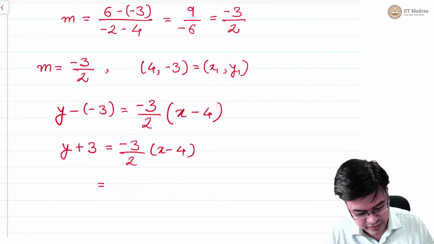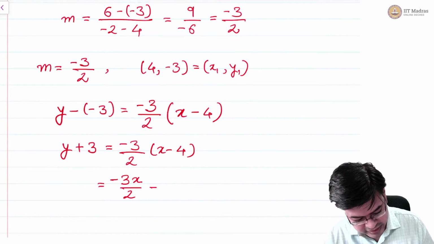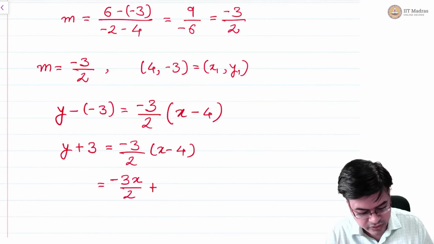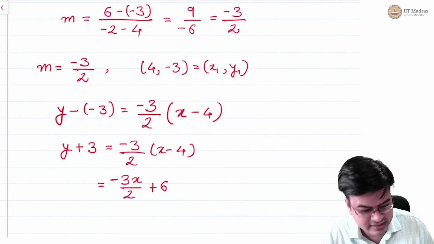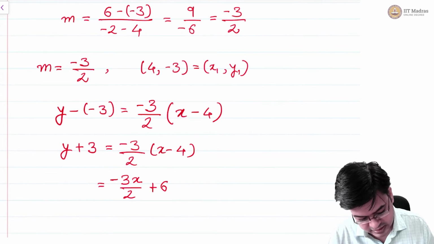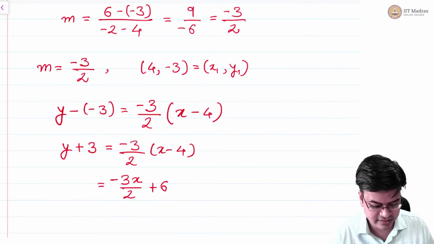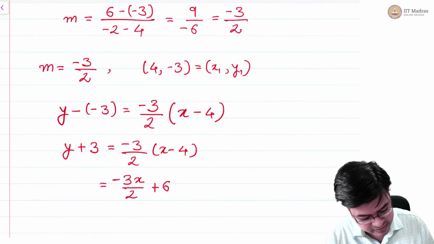You can further simplify this. First simplify the right hand side. -3x by 2, and minus times minus will make this plus 3 into 4 by 2. 3 into 4 is 12, by 2 that will give me 6. And then plus 3 is there on the left, so you can simply subtract 3 from both sides.